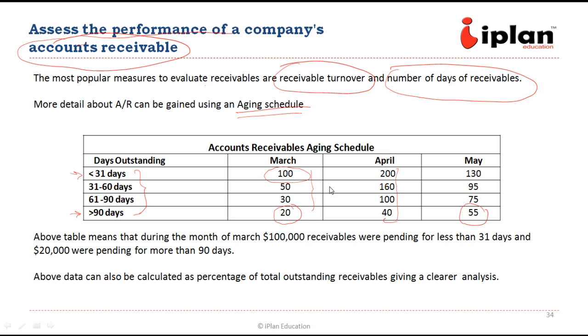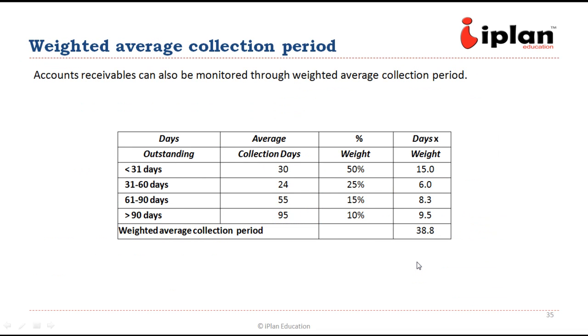Since these numbers are absolute, they are not reflecting the right picture, so it is better to calculate them as a percentage of total outstanding receivable. That will give us a clearer analysis. Let us have a look at that, which is called weighted average collection period.